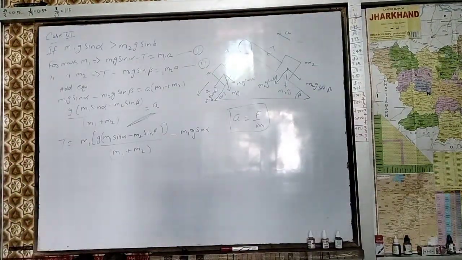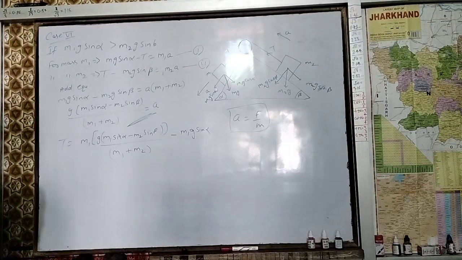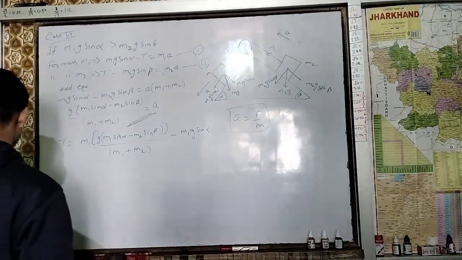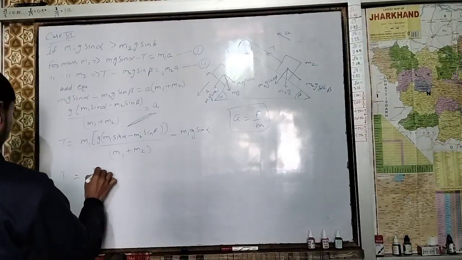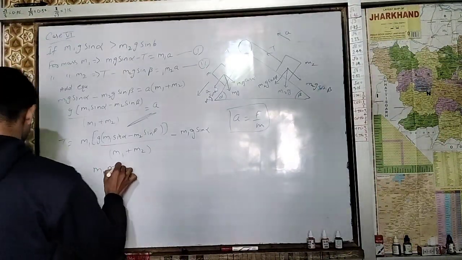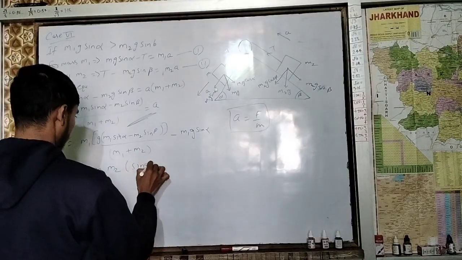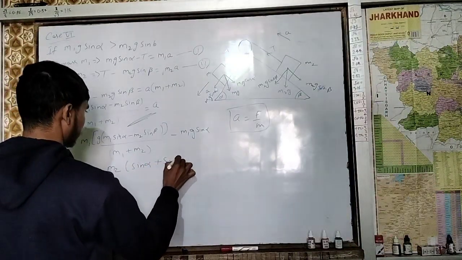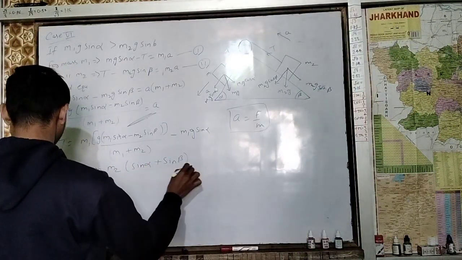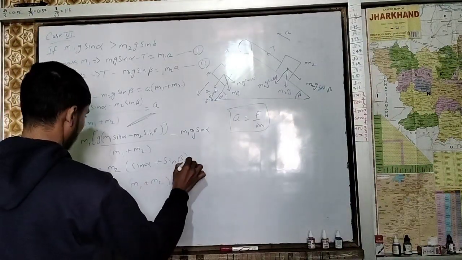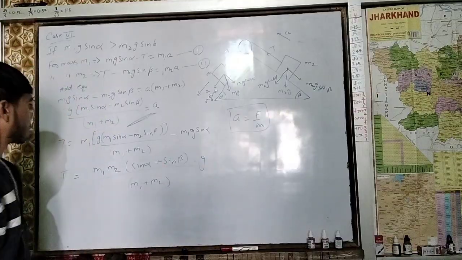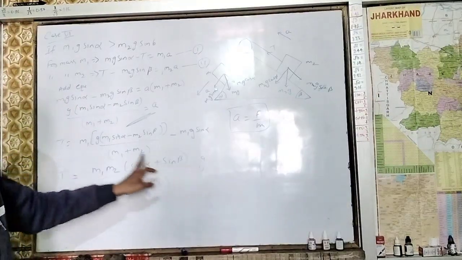But something is common. Finally, you will get m1 into m2, sin alpha plus sin beta, upon total mass, into z. This z will be over here.